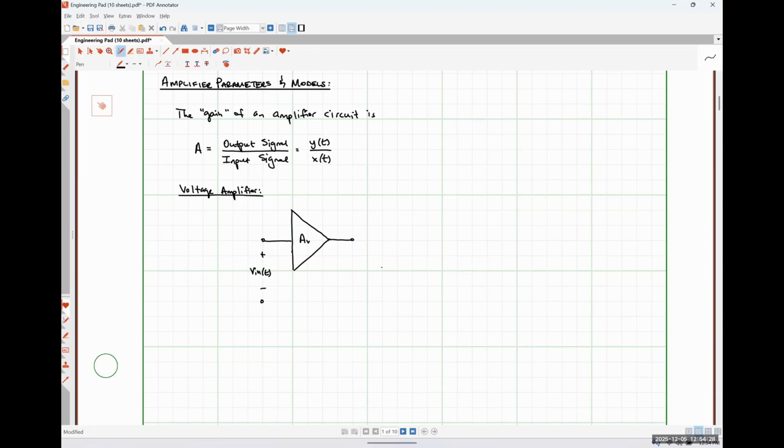Over here on the right-hand side is going to be our output signal, Vout of t. And then to fully show what's going on, I'm also going to include a signal source over here on the left, as well as a load over here on the right. Okay.